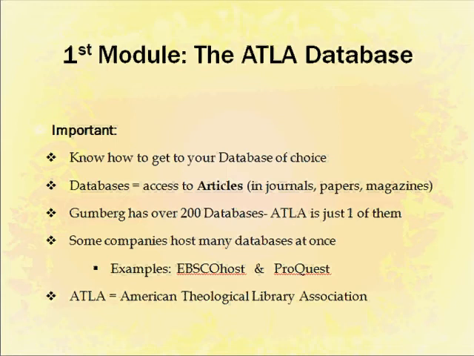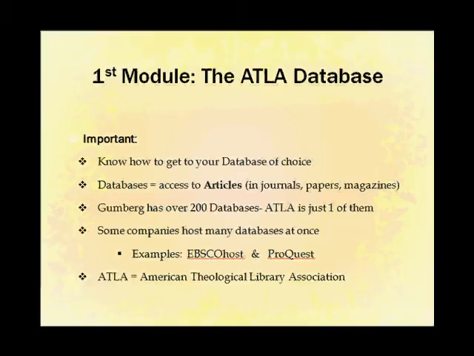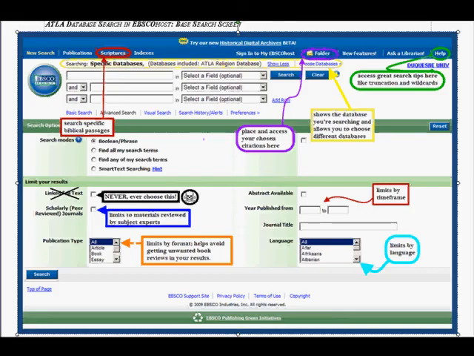ATLA is an acronym that stands for the American Theological Library Association. Here we have a display of what the search screen in ATLA looks like at Gutenberg. In the upper left-hand corner, you'll notice the EBSCOhost logo. Right above it to the right, you'll see what specific database EBSCOhost is hosting.